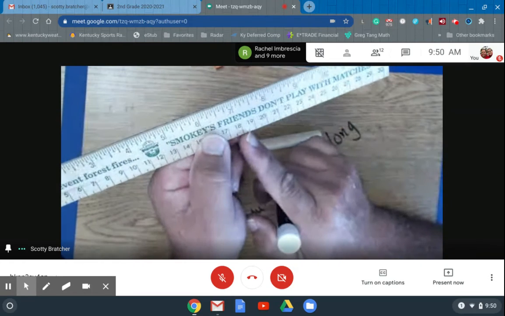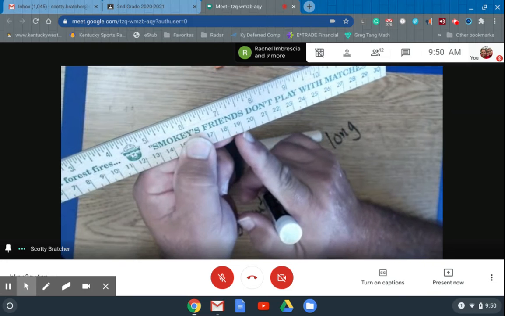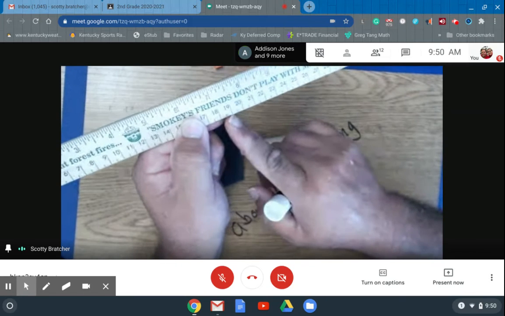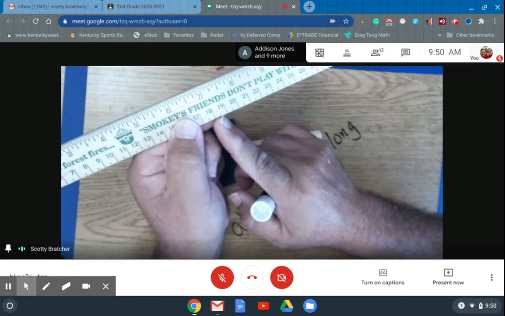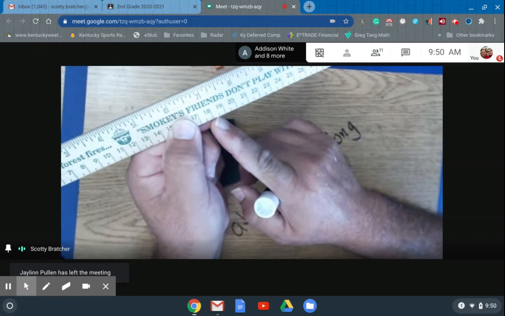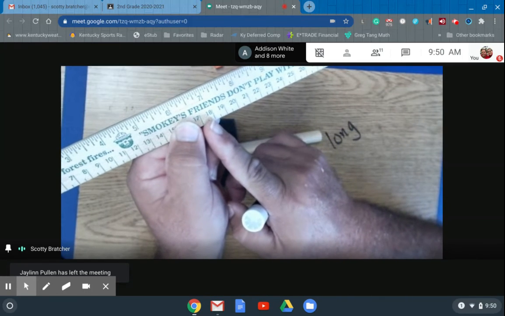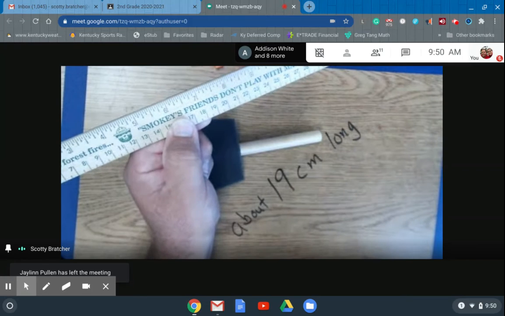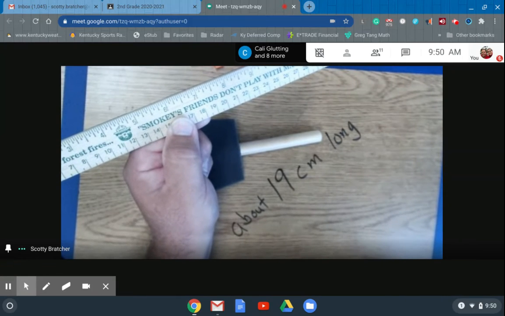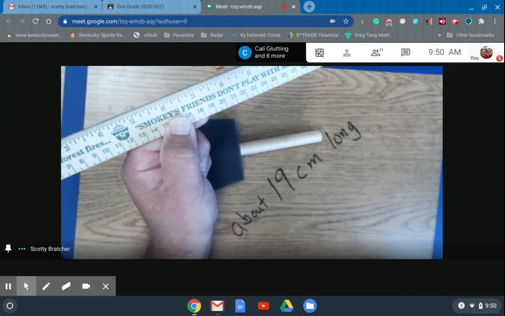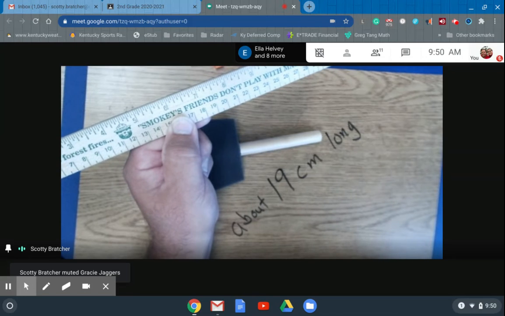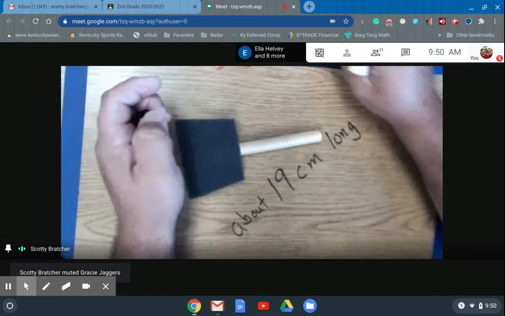If it's the half or bigger, I can go up to the next size. If it's not quite to the half yet, I have to stay with the smaller number. Okay? That's the rule in math. All right. Any questions about that?